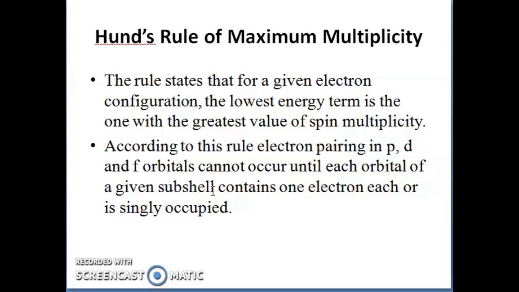This is the rule given by Hund's rule, called Hund's rule of maximum multiplicity. Hence, when we fill electrons in different orbitals, we follow three principles: the Aufbau Principle, Pauli's Exclusion Principle and Hund's rule.